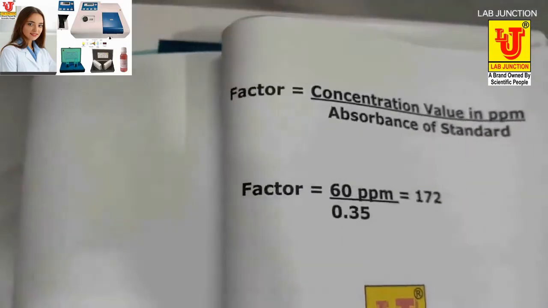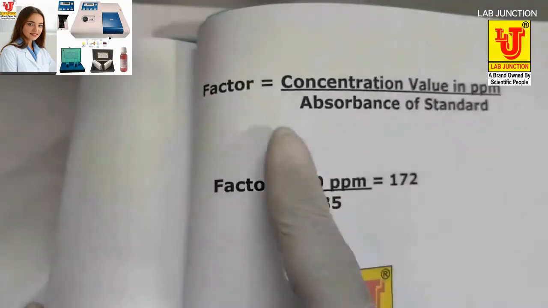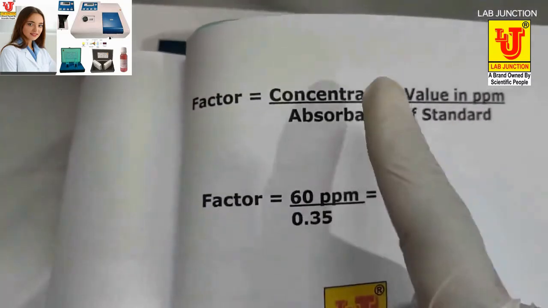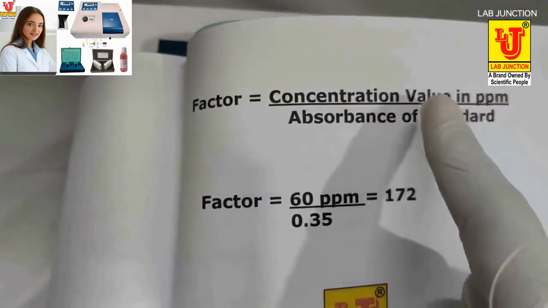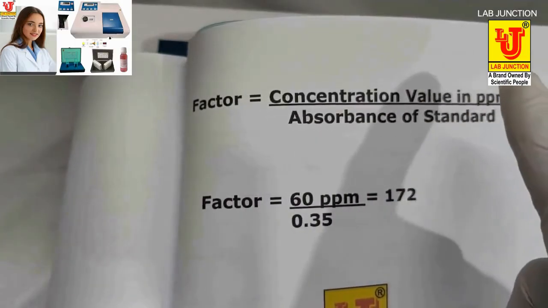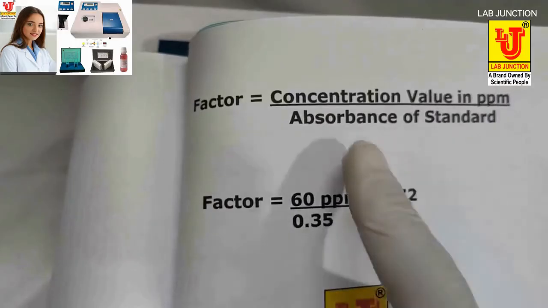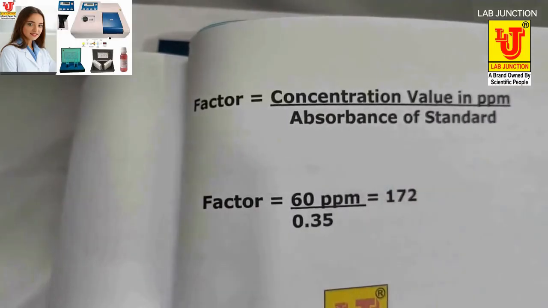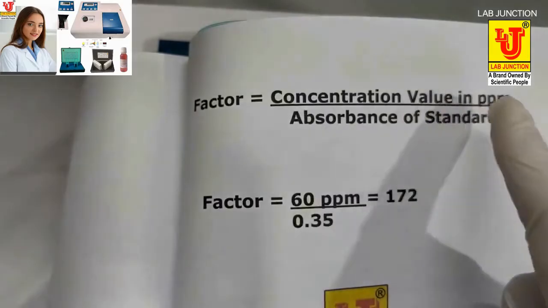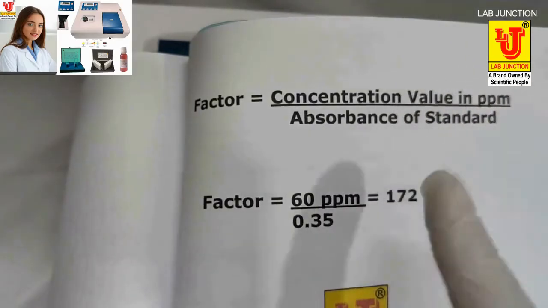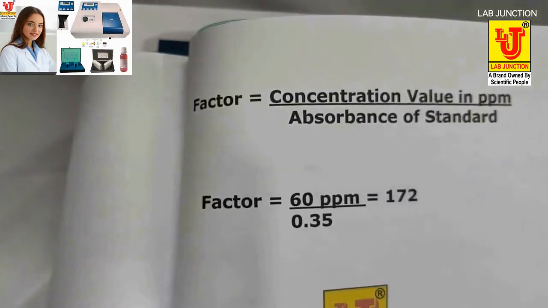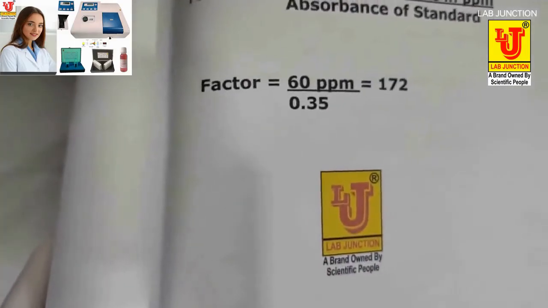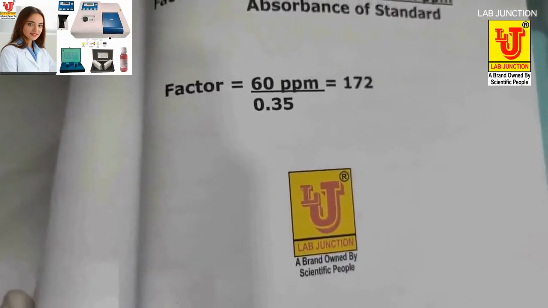How to calculate factor? Factor is equal to the concentration value in ppm of the standard divided by the absorbance of the standard, like this way.